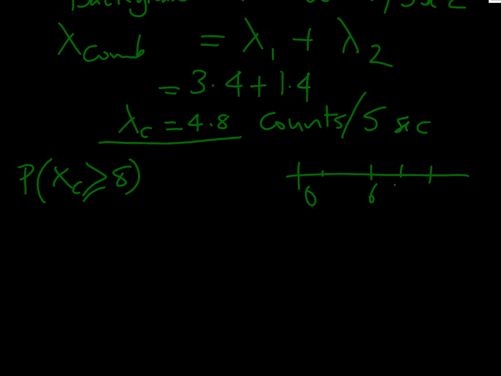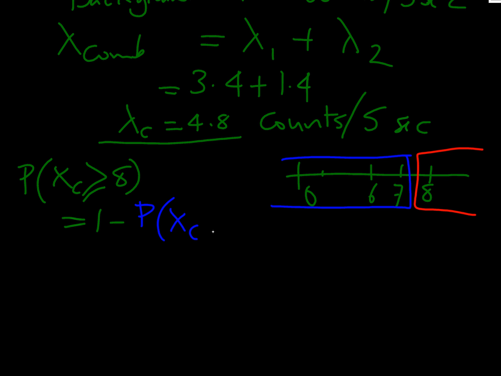At least 8 is this area here, isn't it? We can't get that out of our calculator, so we're going to do our complementary probability, and we're going to do 1 minus that, which equals 1 minus the probability that combined x is less than or equal to 7.